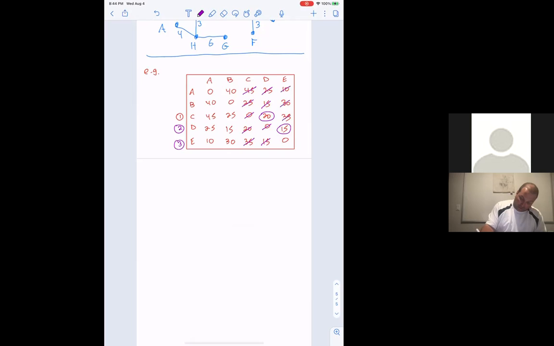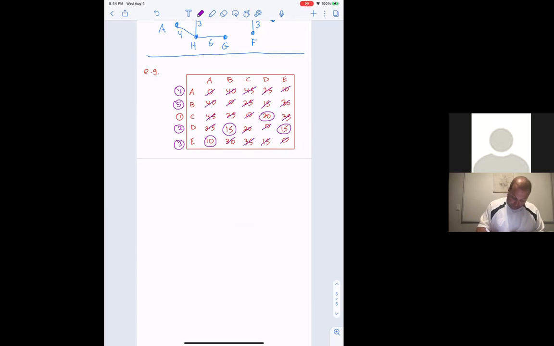Cross out all the numbers in column E, and then find the smallest number in row C, D, or E. I got a 10, that's A. That's my fourth choice. Cross out A. Pick the smallest number in A, C, D, or E. That's the other 15, which finally takes us to B, which I can cross out if I want.